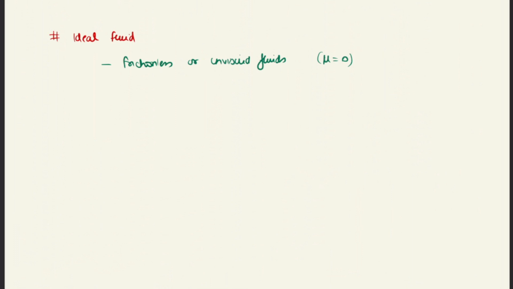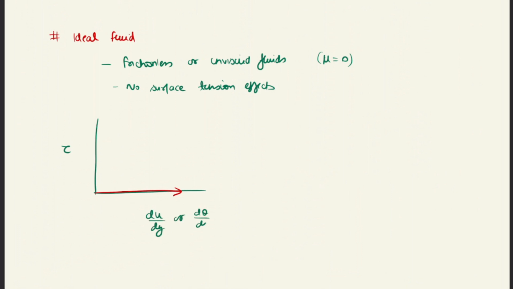Pardon, I said elasticity; the dynamic viscosity is 0. These are ideal fluids. There are no surface tension effects. How would their graph look like? It would look straight like this only, where this is tau and this is du by dy, or we can say d theta by dt also.